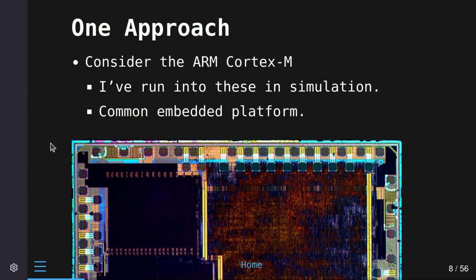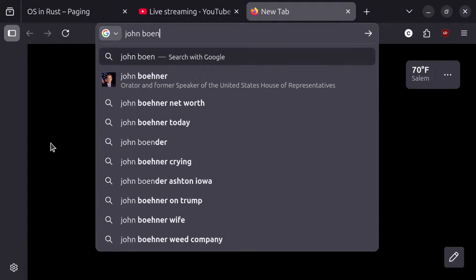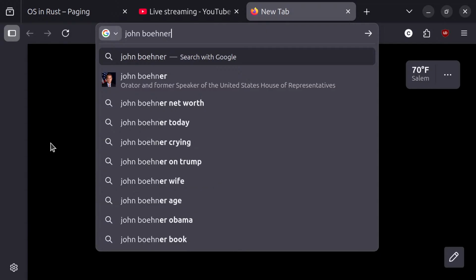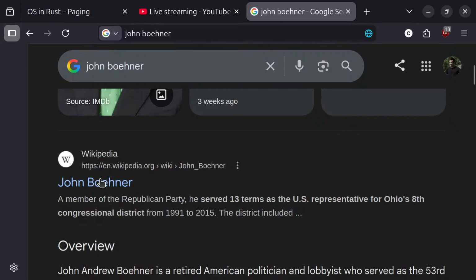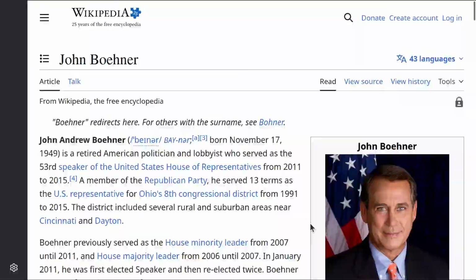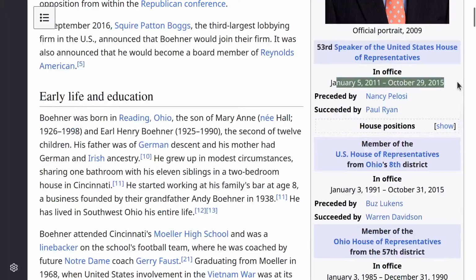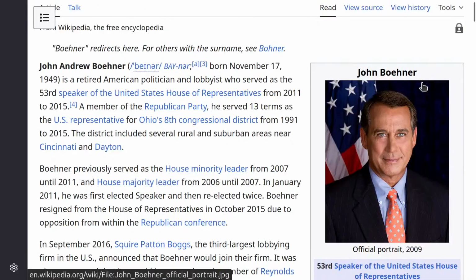2012. Who's the Speaker of the House in 2012? I'm hitting John Boehner. We're checking. Oh! I'm incredible. So I don't know how old all of you are. In the olden days, this is the first politician I remember being made fun of for being orange.